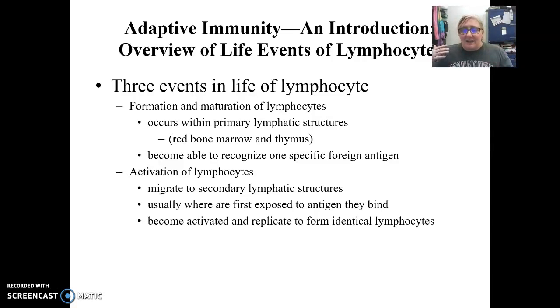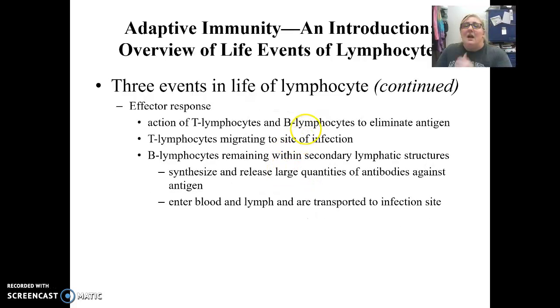Then they get activated, and usually a few cells remain behind. Those are your memory cells. The active cells go out and fight off the infection. That is the effector response. B lymphocytes produce tons and tons of antibodies. T lymphocytes fight off the infection directly with the cells that are infected.